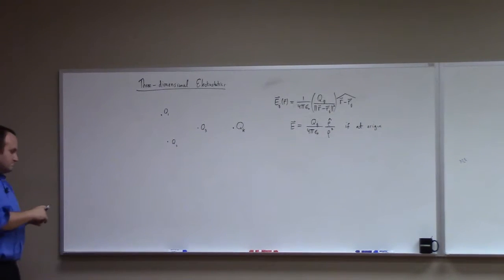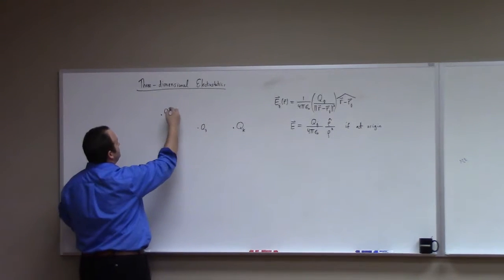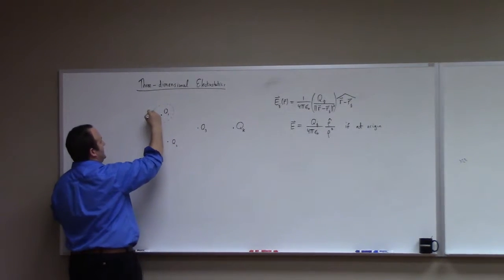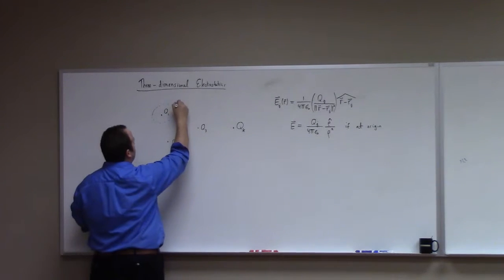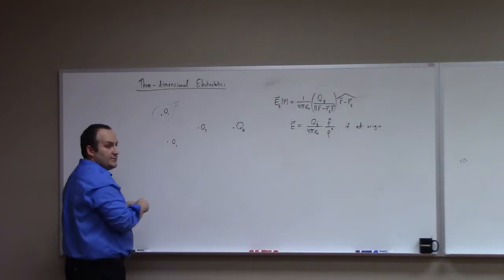Now, I can imagine surrounding one of these little charges with a little sphere, right? And if I call this sphere S1, say, what would the flux through S1 be?